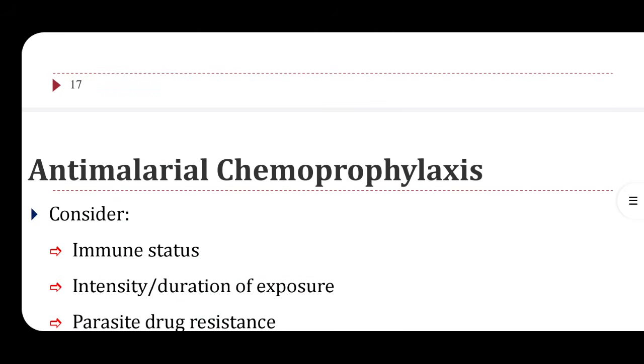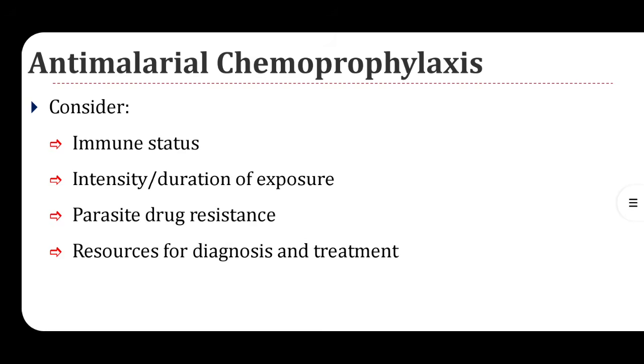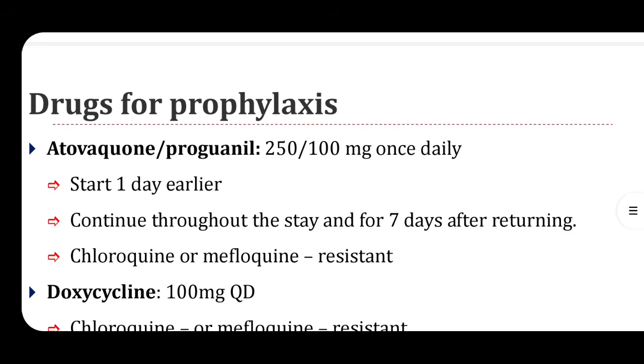Antimalarial chemoprophylaxis. Consider immune status, intensity and duration of exposure, parasite drug resistance, and resources for diagnosis and treatment. Drugs for prophylaxis of malaria: atovaquone-proguanil 250 by 100 mg once daily. Start 1 day earlier, continue throughout the stay and for 7 days after returning.